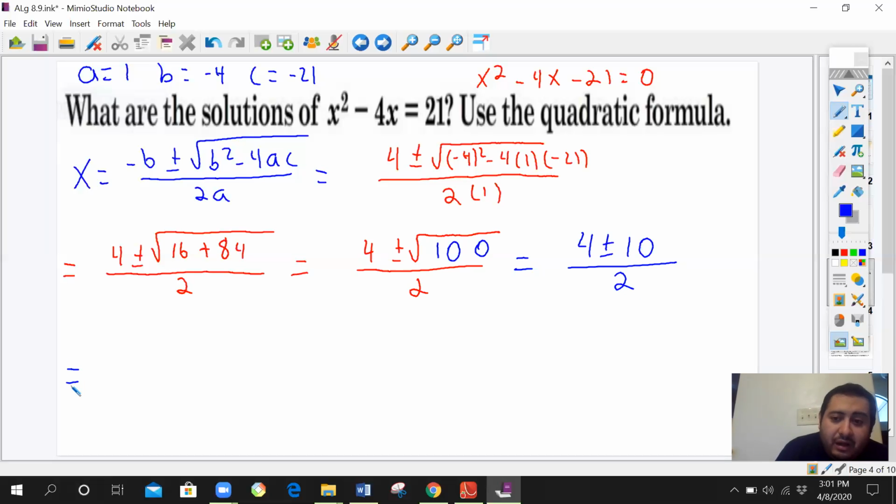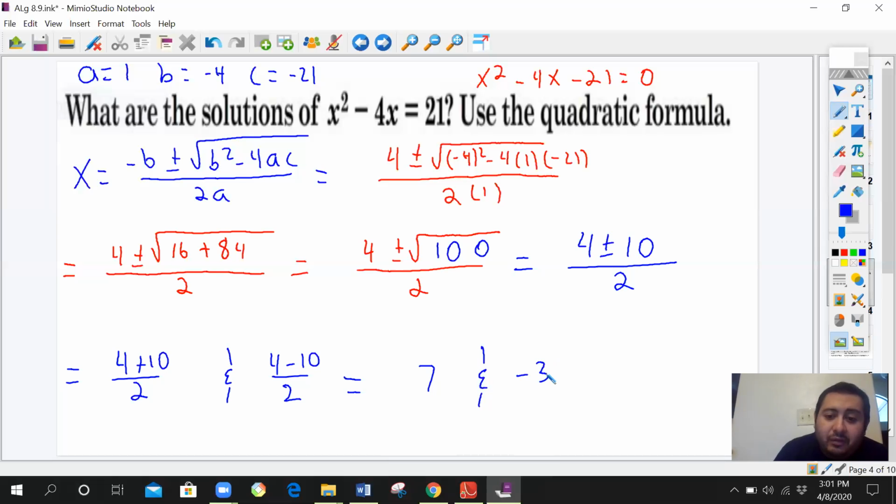All right, so now we have our 2 solutions. We have 4 plus 10, then divided by 2, and 4 minus 10 divided by 2. So your first solution, 4 plus 10 is 14, divided by 2 is 7. 4 minus 10 is -6, divided by 2 is -3.